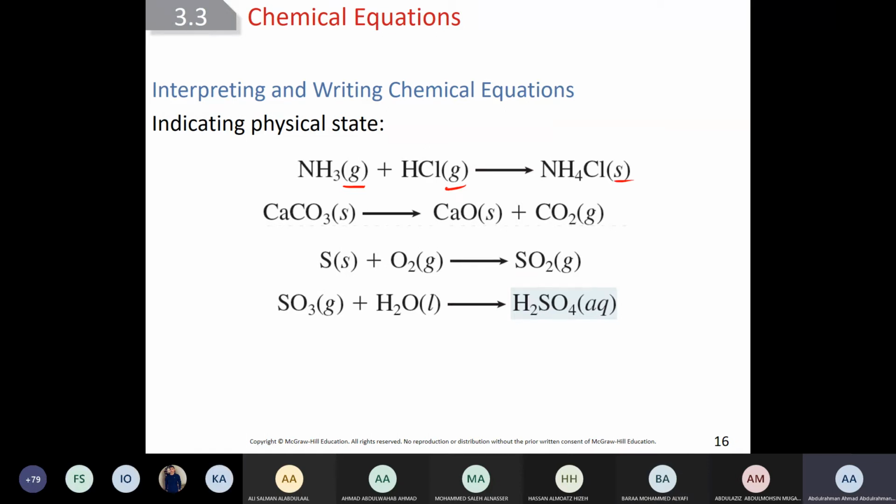Aqueous. Liquid and aqueous. Very good. You have to know this. Next.